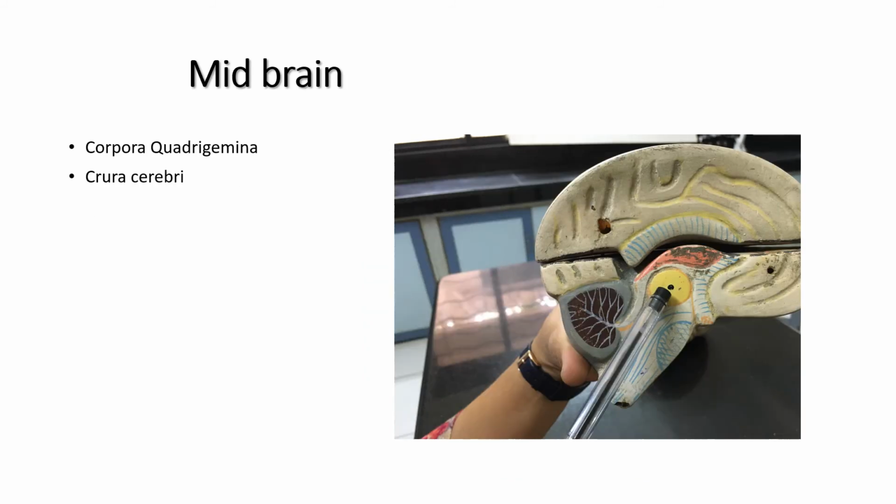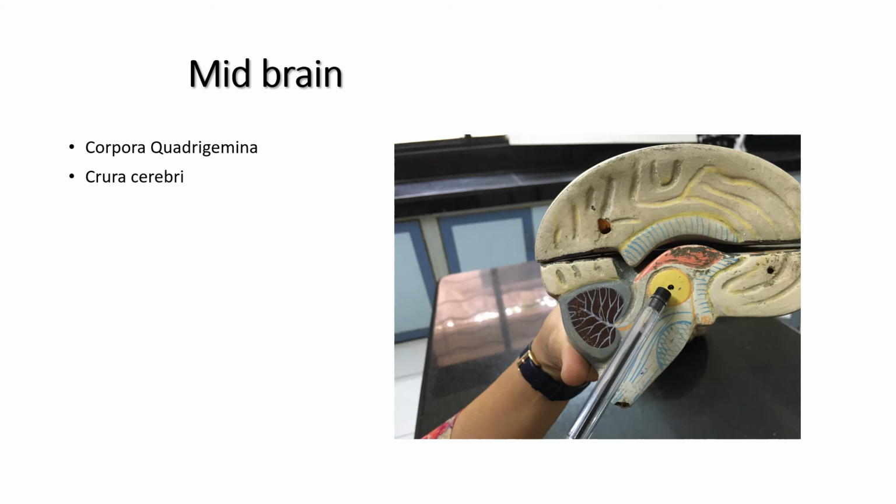The second part of the brain is the midbrain. It is present just above the hindbrain and includes the crura cerebri and corpora quadrigemina. The crura cerebri are nerve bands which connect the midbrain with the hindbrain.